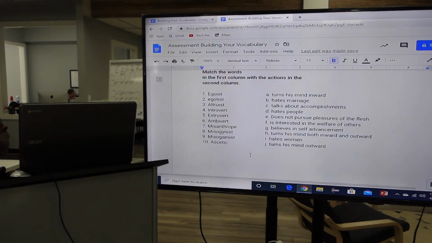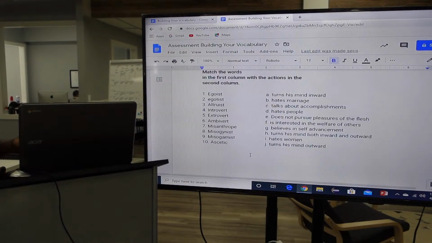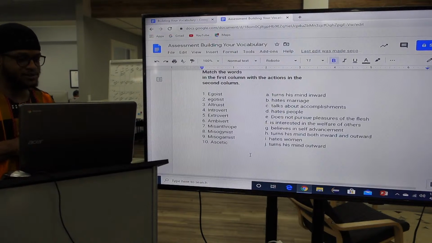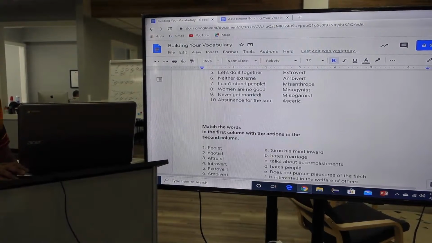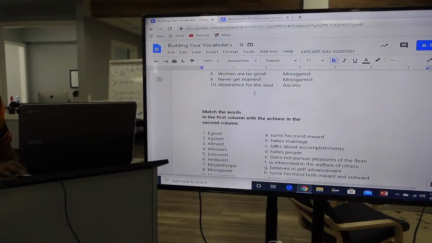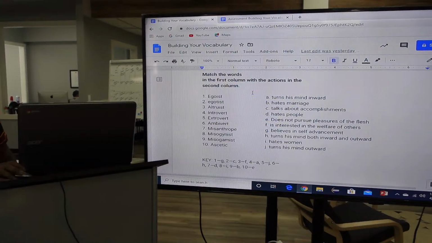Number five is J, turns his mind outward. Number six is H, turns his mind both inward and outward. Number seven is D, hates people. Number eight is I, hates women. Number nine is B, hates marriages. Number 10 is E, does not pursue pleasures of the flesh. So there you have the questions and answers.